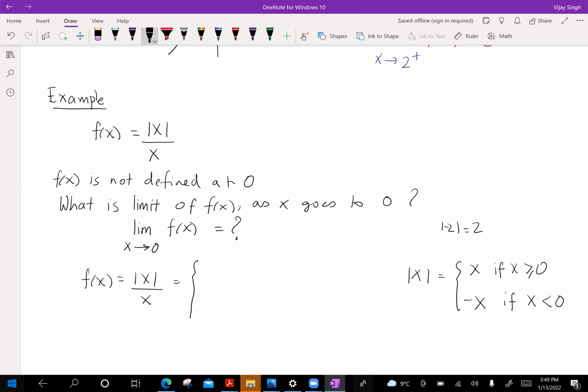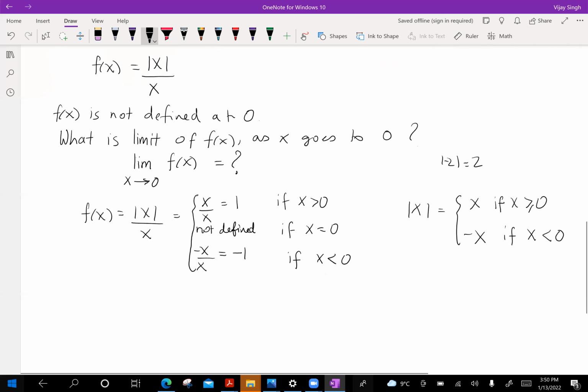So how does this simplify? If x is greater than 0, absolute value of x is going to be x, so x over x, which is going to be 1. And if x equals 0, then it's not defined, right? Not defined. And if x is less than 0, then absolute value of x becomes minus x over x, and so we get minus x over x, which is minus 1.